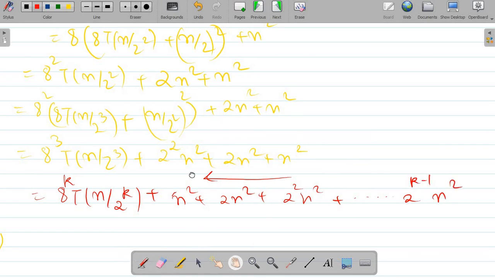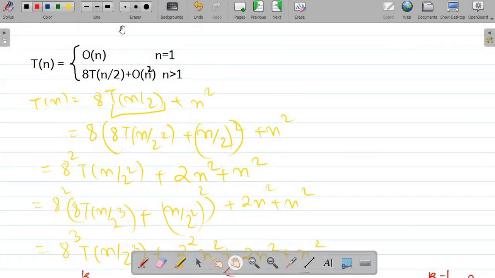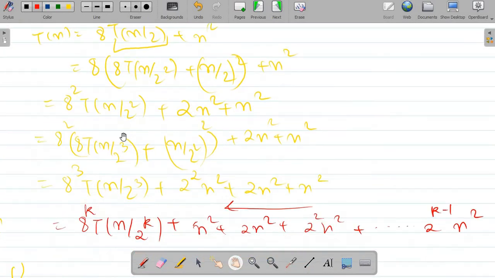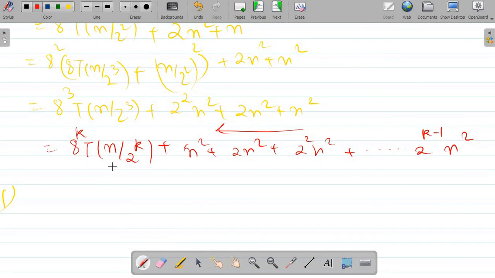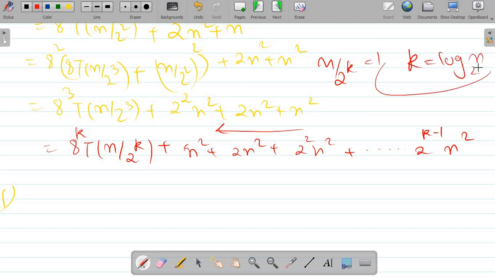Now our base condition is when n is equal to 1 and it is of order 1. So n upon 2 to the power k is equal to 1. Hence k is equal to log n base 2.